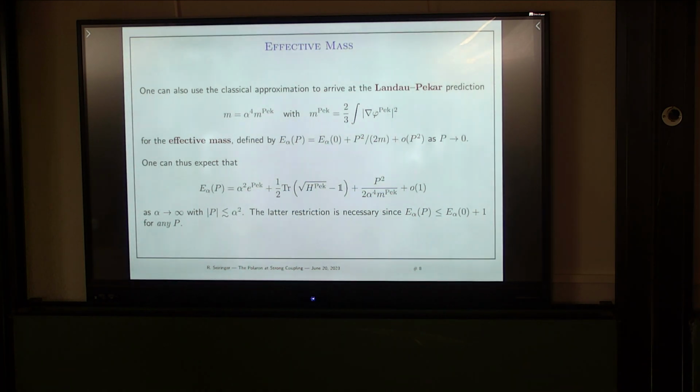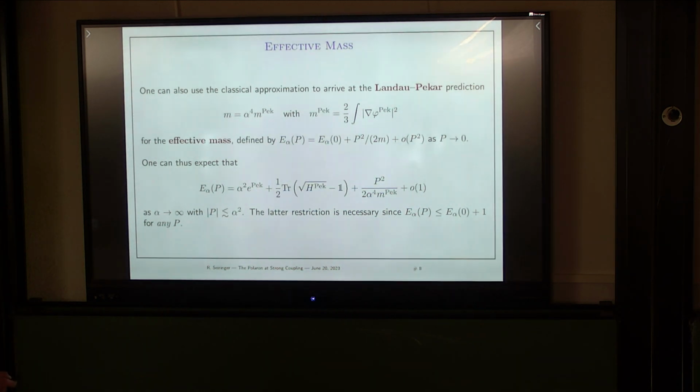And for what window? Coming back to the picture, this can be expected to hold in a window of momenta of order alpha squared, because we know that the essential spectrum starts exactly at 1 above the ground state energy. So clearly this curve has to dive into the continuum once p squared over alpha to the 4th is 1, which exactly is the regime where the momenta are of order alpha squared.